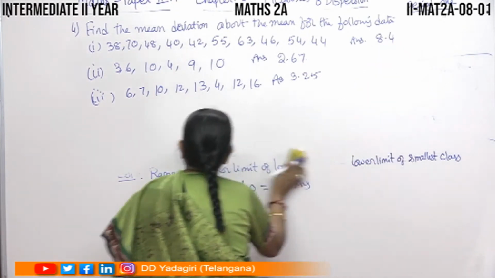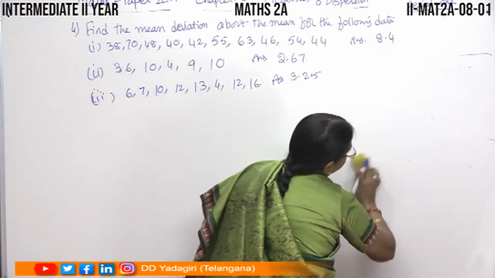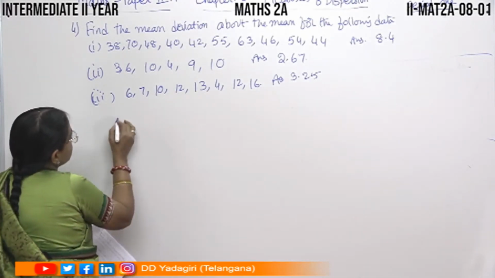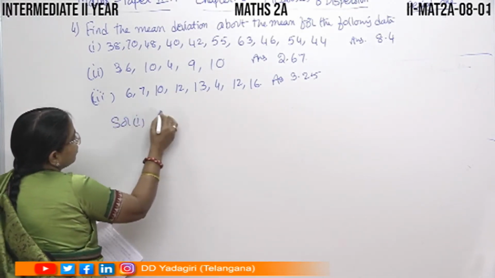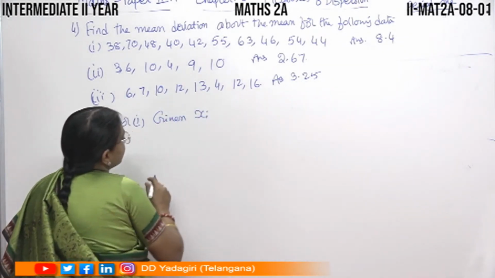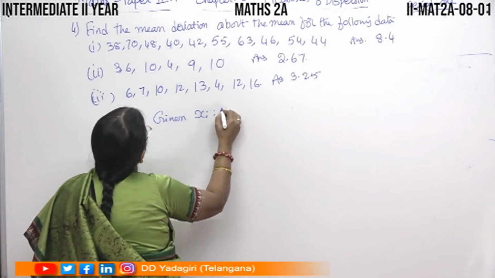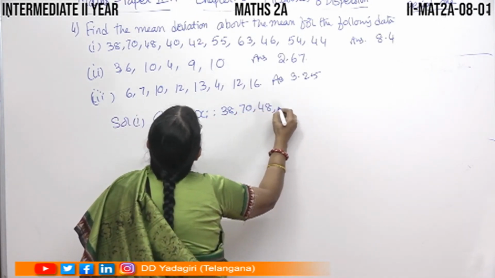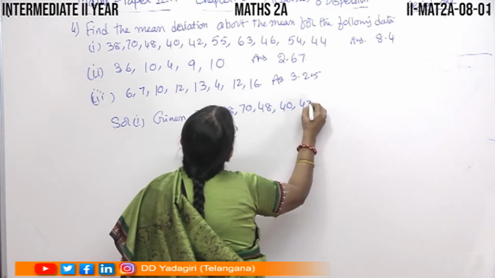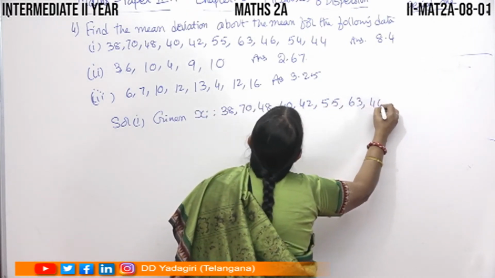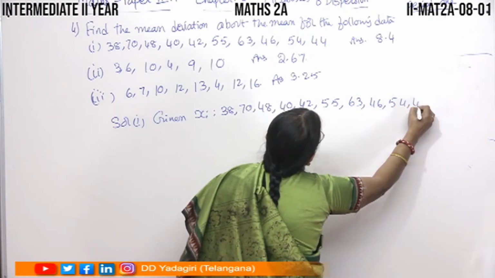Now we'll do the first problem. The second and third you can take as homework. First one, solution. You are given xi values: 38, 70, 48, 40, 42, 55, 63, 46, 54, and 44.